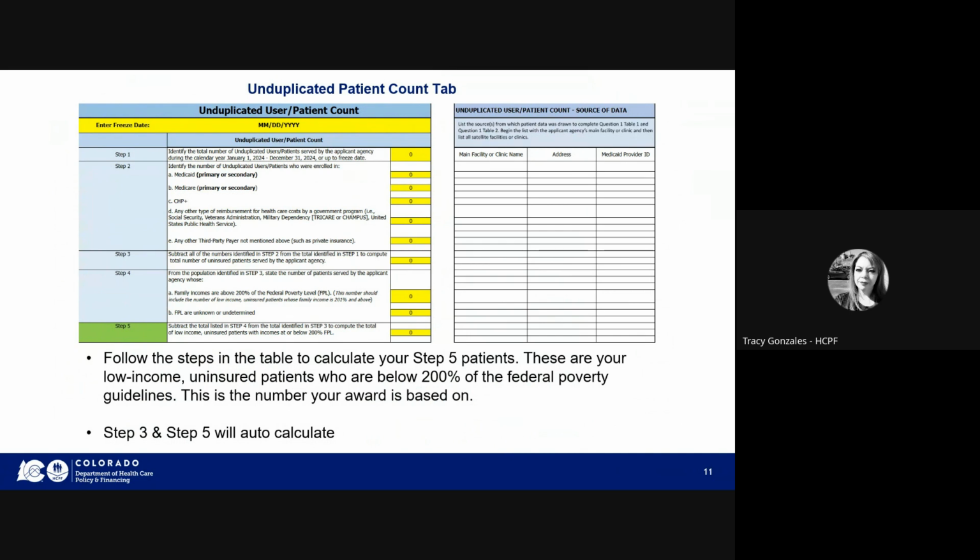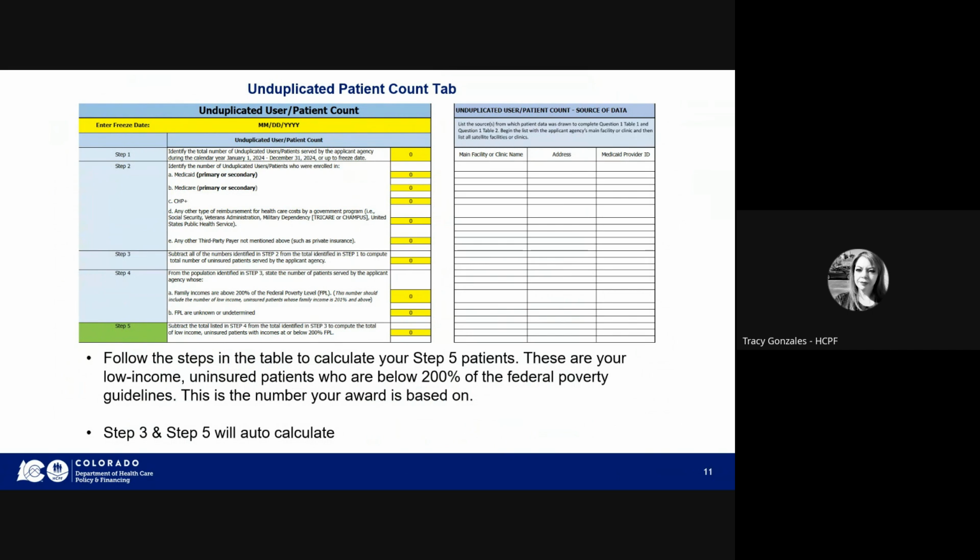Step 2D, the number of patients that had any other type of reimbursement for their healthcare costs by governmental programs such as Social Security or the Veterans Administration. And step 2E is any other third-party payer not mentioned above, such as private insurance. Step 3 is going to auto-calculate for you. Step 3 is your number of uninsured patients.